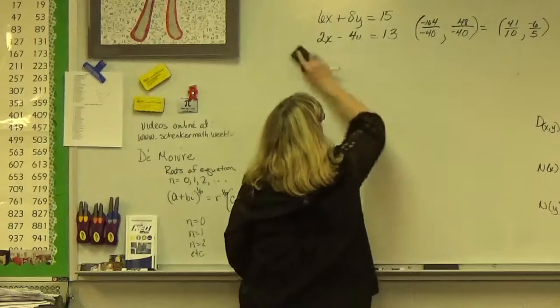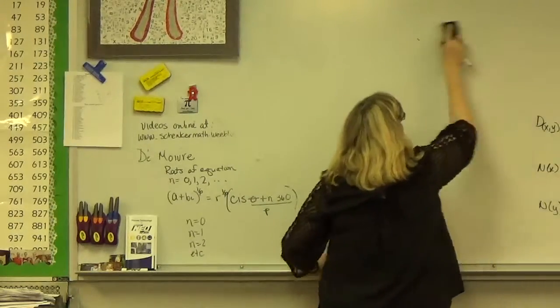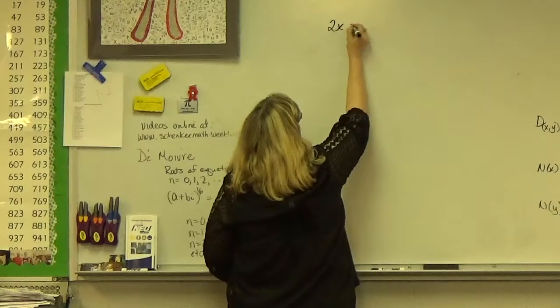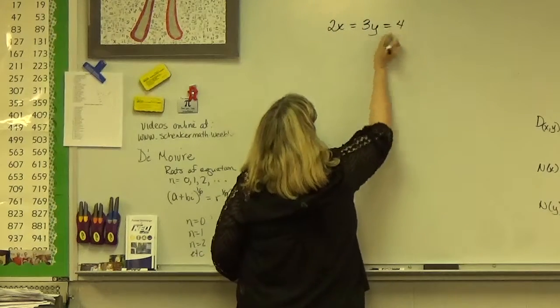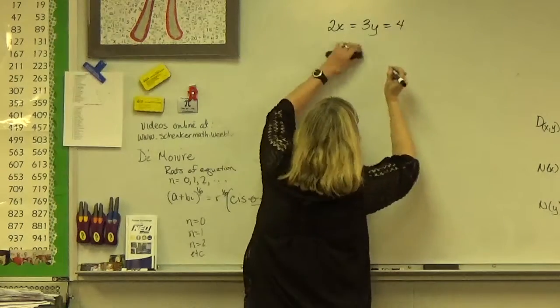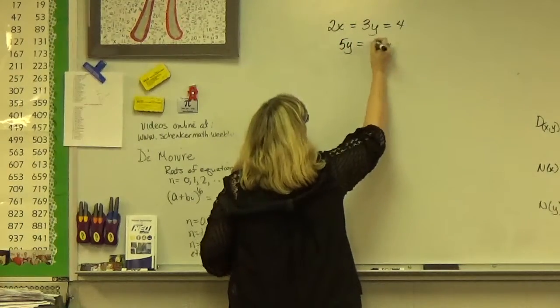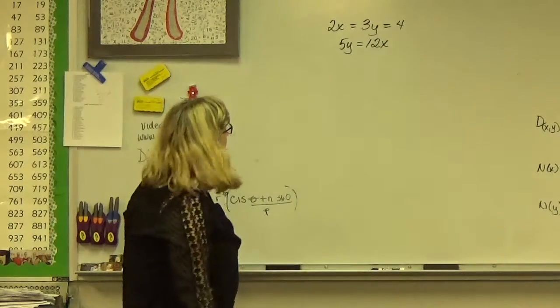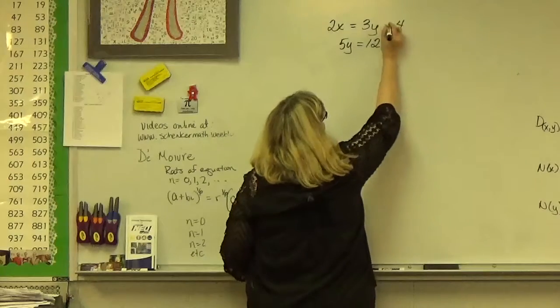Okay. Now I want you to see if you notice what you need to do on this next problem. Oh, hold on, I meant to have a plus here, sorry.